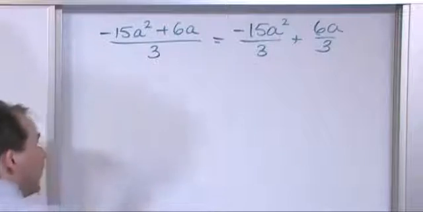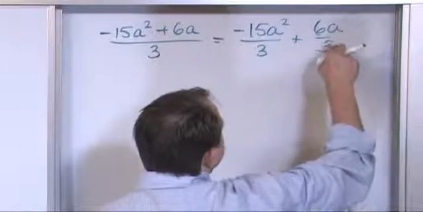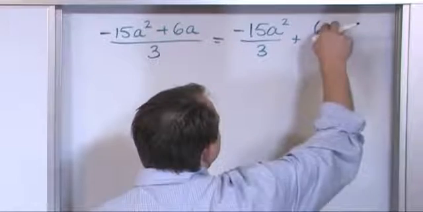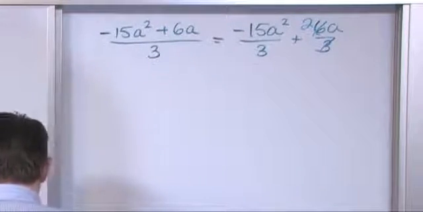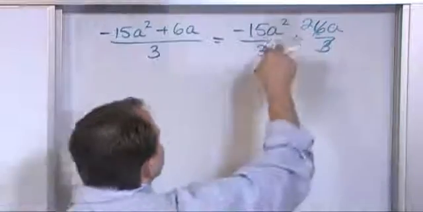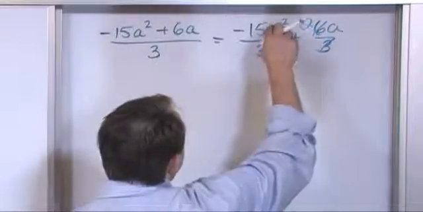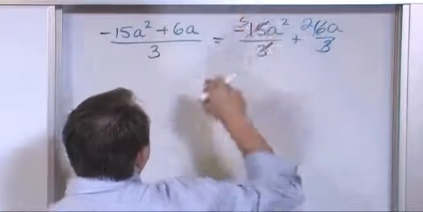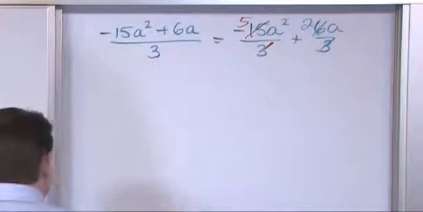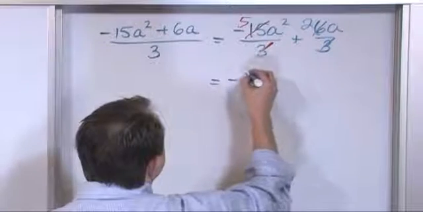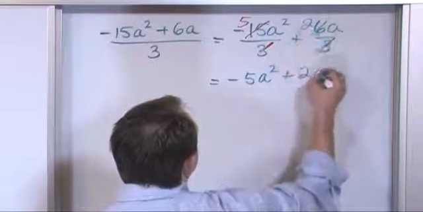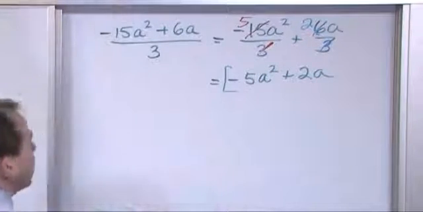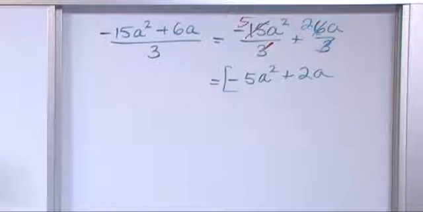Then when I look for cancellations, I have 6 and 3, so I'm going to divide by 3. I'm going to divide this by 3, that's going to give me 2. That's a little bit hard to read, so I'll use red on the next one. I can divide this by 3, that's going to get rid of him. I can divide this by 3, that's going to give me 3 times 5 gives me 15. So ultimately, I will have negative 5a squared plus 2 times a. Negative 5a squared plus 2a. So sometimes splitting these things up can really make a world of difference.